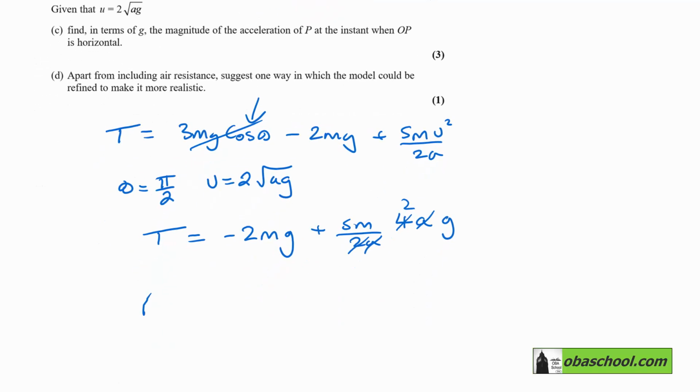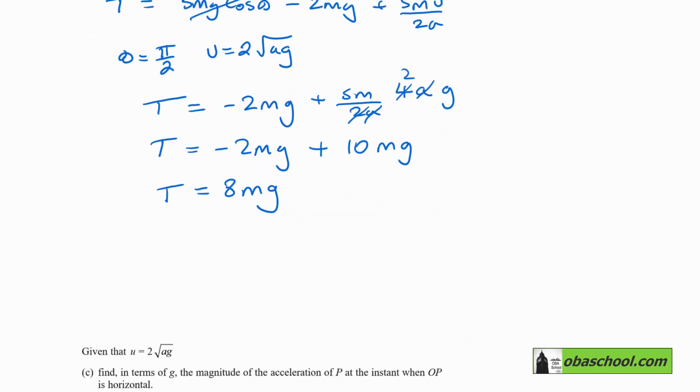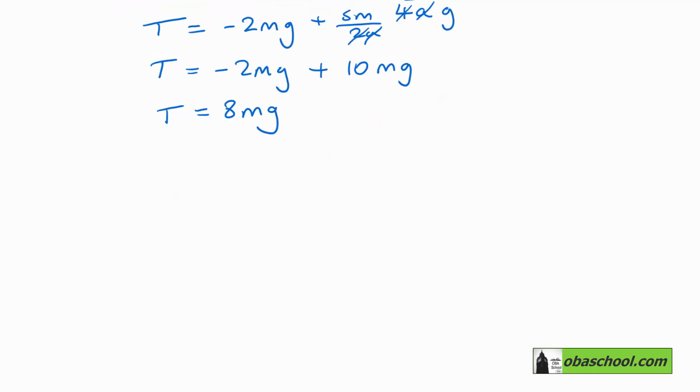And that would give us that T is equal to negative 2mg plus 10mg, giving T is equal to 8mg. Now the particle has a mass of m. So that means that horizontally here it's going to have an 8g acceleration, and of course the acceleration due to gravity downwards is g.